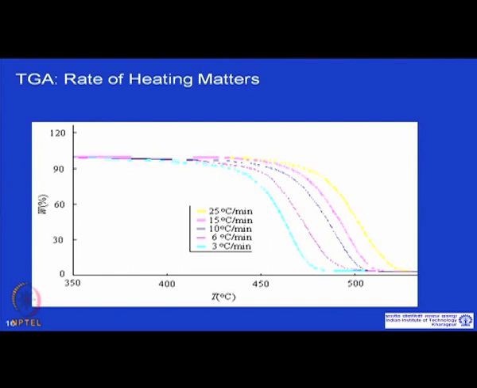So, the effective temperature actually becomes lower if you increase the heating rate. So, if you want to compare the thermal stability of different polymers at higher temperature, you must compare at the same heating rate.